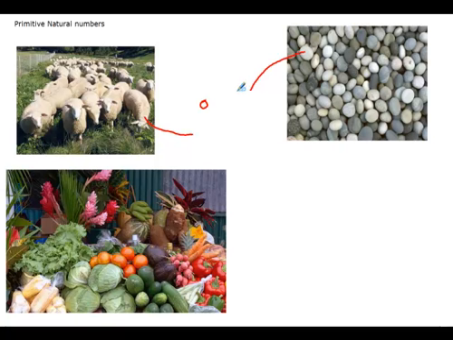So without saying one, they would just pick up a pebble and keep it for this sheep, and similarly another pebble for the next one. Without saying 1, 2, 3, they kept track of all the sheep, and similarly for agricultural produce.